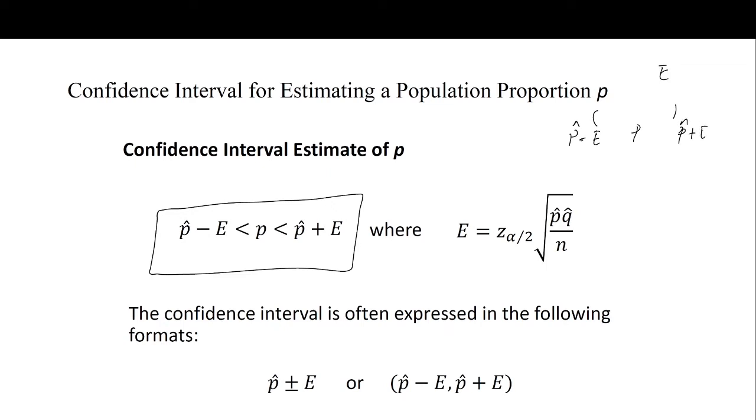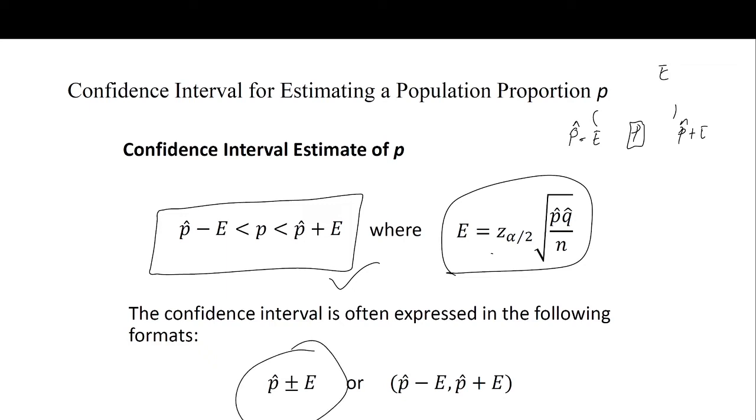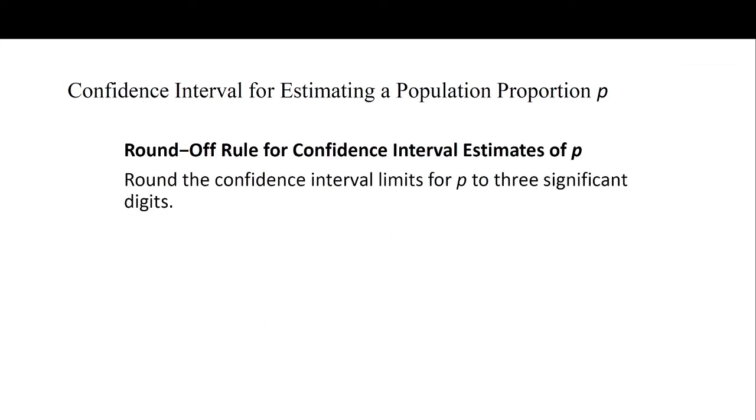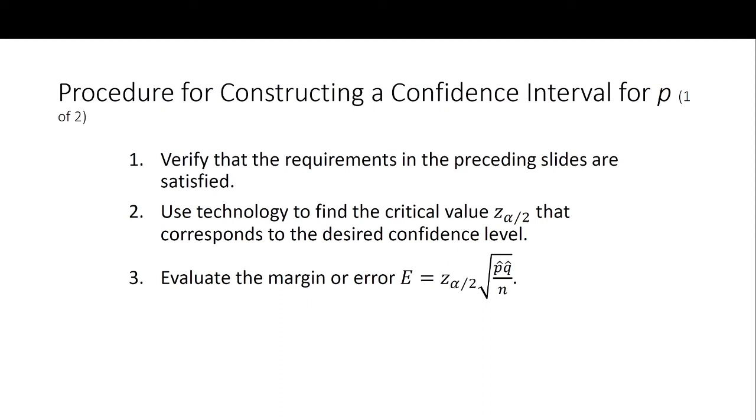This p hat is coming from the sample proportion, and based on our estimation, the population proportion should be in between these two values, and these are the formulas to find the confidence interval and the margin of error. And this is how we generally write down a confidence interval: p hat plus minus E. Okay, so when we round off a confidence interval, always round the confidence interval limits for p to 3 significant digits, unless stated differently.